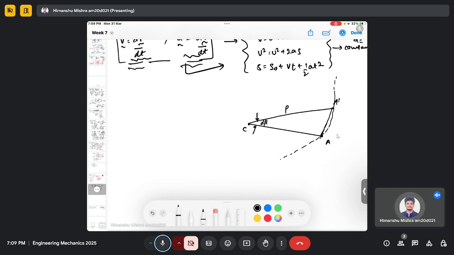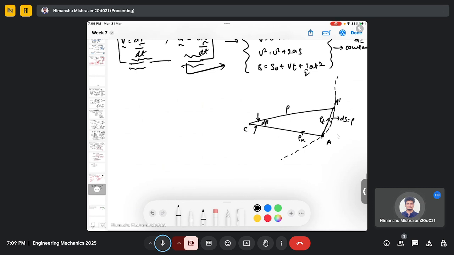So in the curvilinear coordinates, we are interested in two directions. One is the normal direction, and another is the tangential direction. This is the change in position from A to A dash, which is ds, and this can be written as rho d beta.